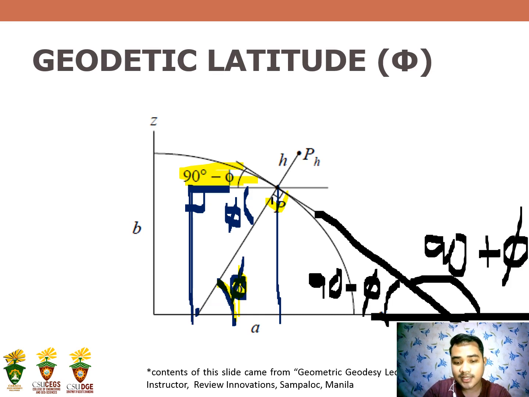So nganong 90 minus theta, no? As you can see, diri ang part, no? Kung ato ning i-extend ito, this is also 90 degrees, di ba? So kung 90 degrees na siya, kung naa kay theta or geodetic latitude diri, 90 degrees man ni siya. So therefore ang mabilin is 90 minus theta.